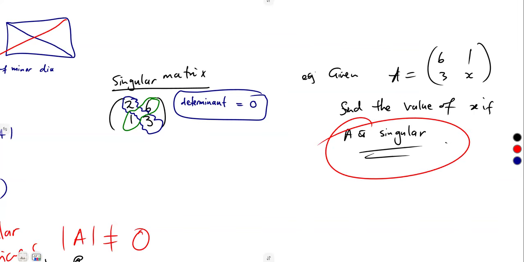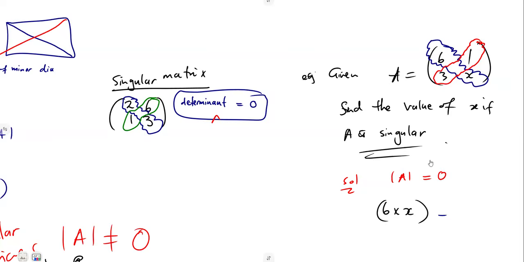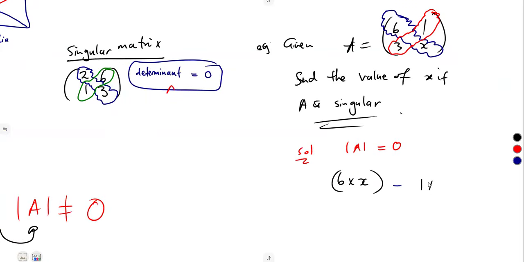Given matrix A being a 2 by 2 matrix, find the value of X if A is singular. For a singular matrix, the determinant is 0. So for this to be singular, the determinant of matrix A has to be equal to 0. So I simply calculate that determinant: the product of the major diagonal, 6 times X, minus the product of the minor diagonal, 1 times 3.